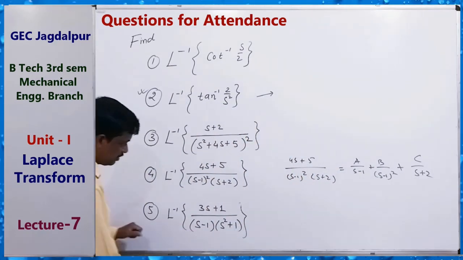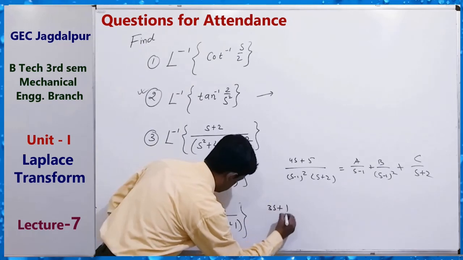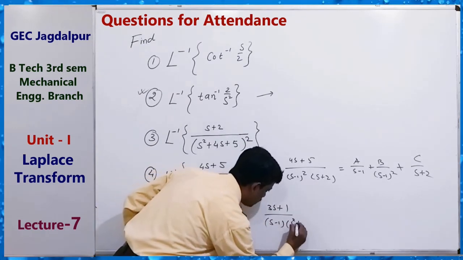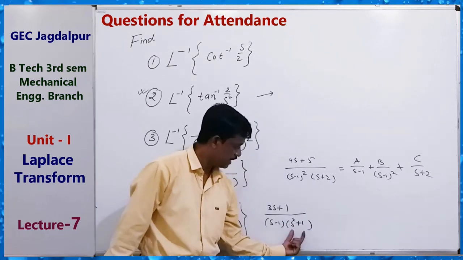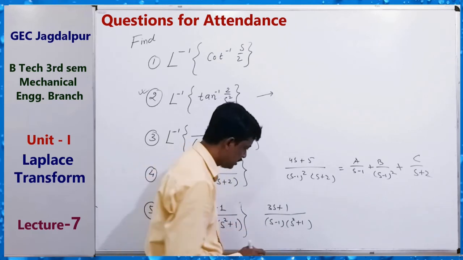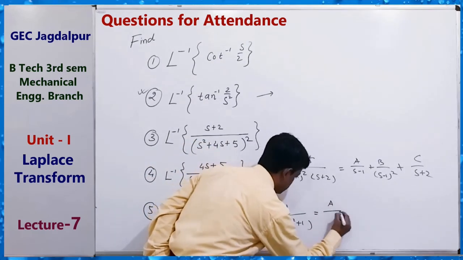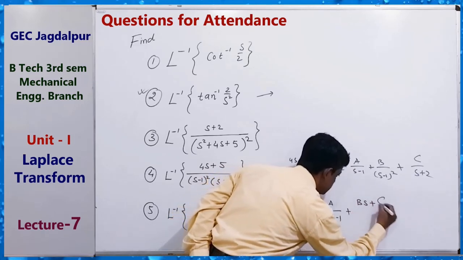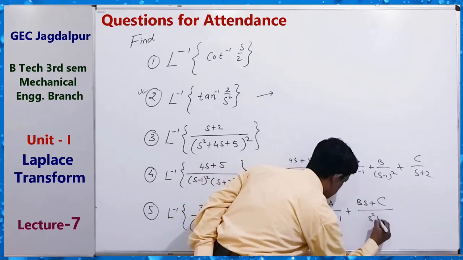Similarly here, 3s plus 1 by s minus 1, a single factor, and here s square plus 1. This is a second degree factor, which cannot be factorized in the real case. So this can be written like this: a by s minus 1, the single factor, plus bs plus c by s square plus 1.